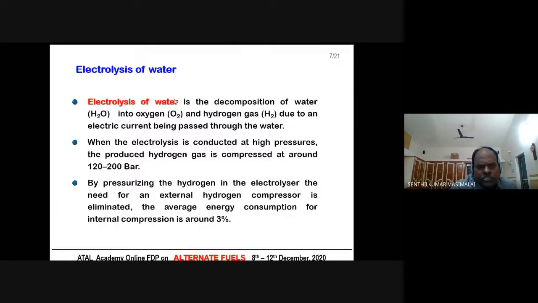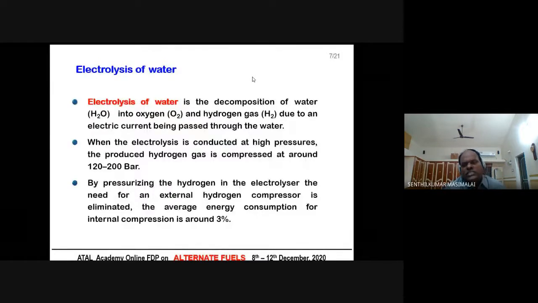Apart from electrolysis of water, we have ammonia dissociation. Ammonia dissociation is also a part of the processes involved in producing hydrogen. Apart from ammonia dissociation, we have other methods also, like reacting hydrocarbon with some other gases, which will result in hydrogen as the byproduct.